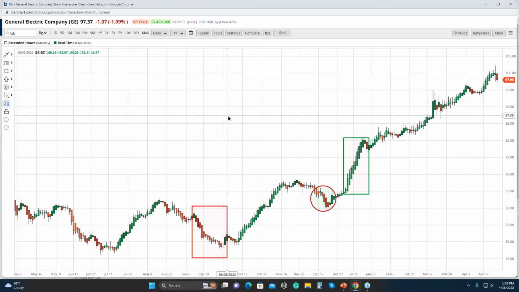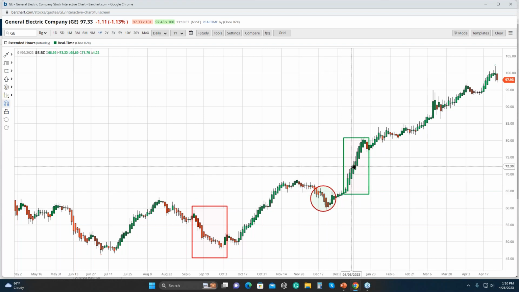Now, rule number 2: the trend gets stronger as the bodies of the candles get bigger or longer. Uptrends have upper shadows and little or no lower shadows, and downtrends have lower shadows and little or no upper shadows.